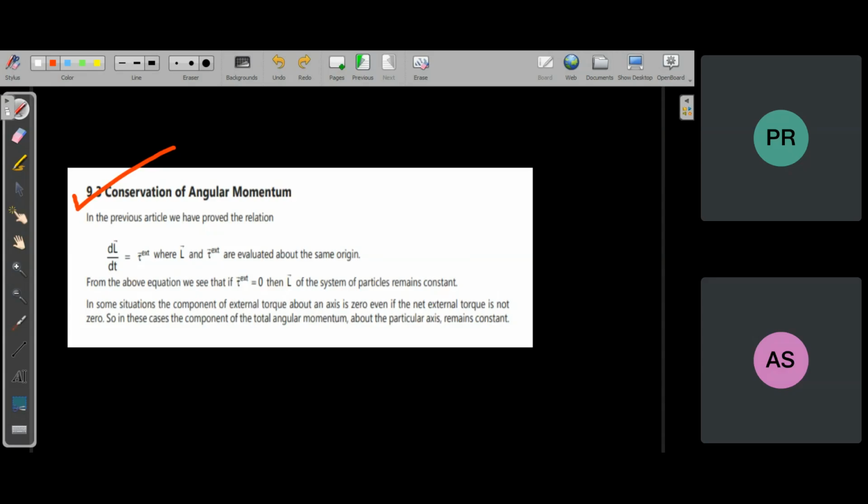If there is external torque, but no external torque component about the axis, then angular momentum of the body will be conserved about that axis only. Are you getting?